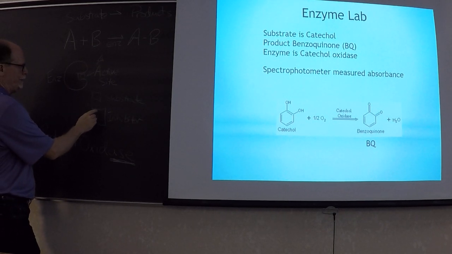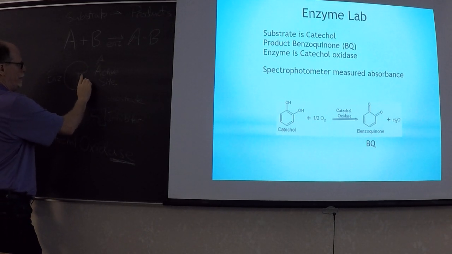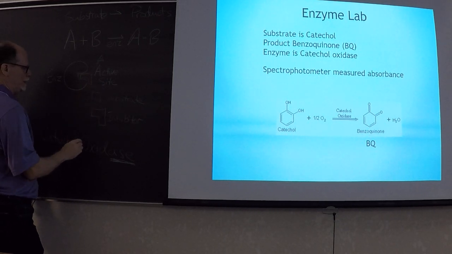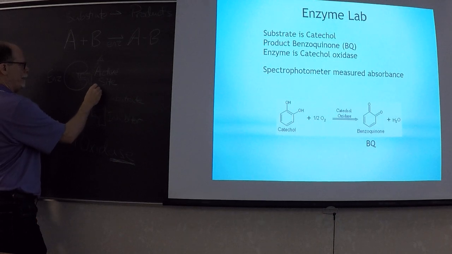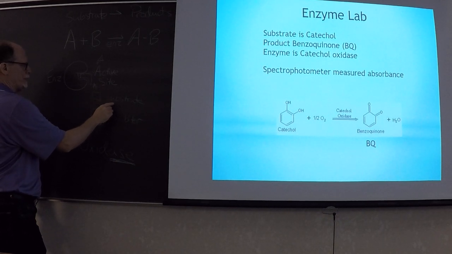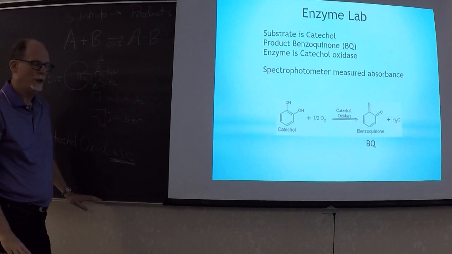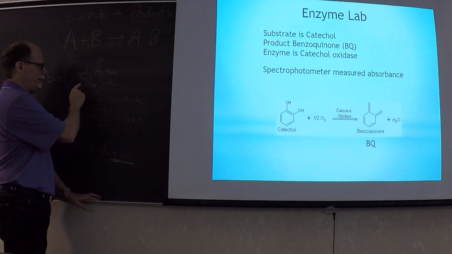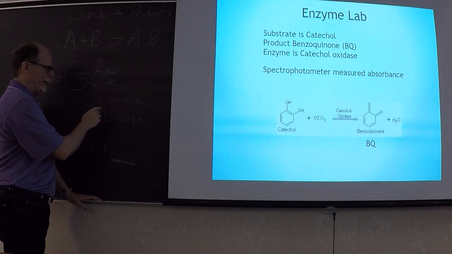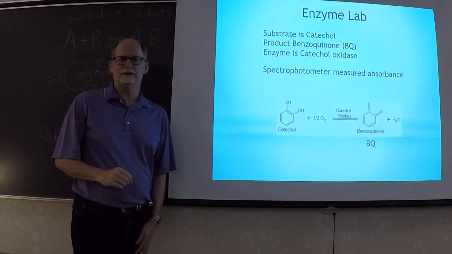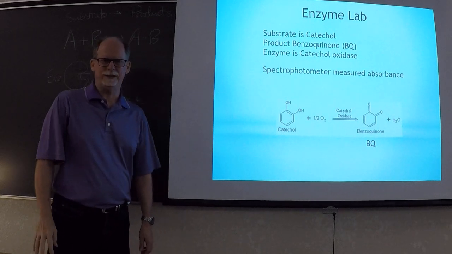But if you have an inhibitor, it can block the active site. This gets in the way and blocks the substrate from reaching the active site. If the substrate can't get to the active site, then the enzyme can't make product. It's that simple, really. It's not that complicated.